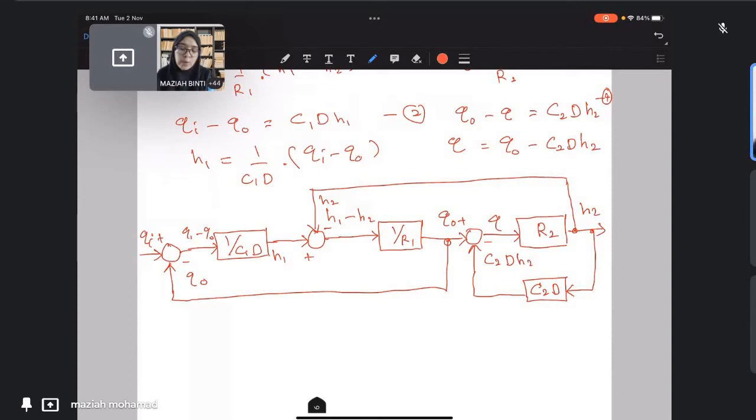We apply Qi, meaning we set the input Qi, and then it interacts with all the other parameters there. You can see H1, Qi, then you provide H1, then Q0, and eventually it will give you H2, which is the output of the system.